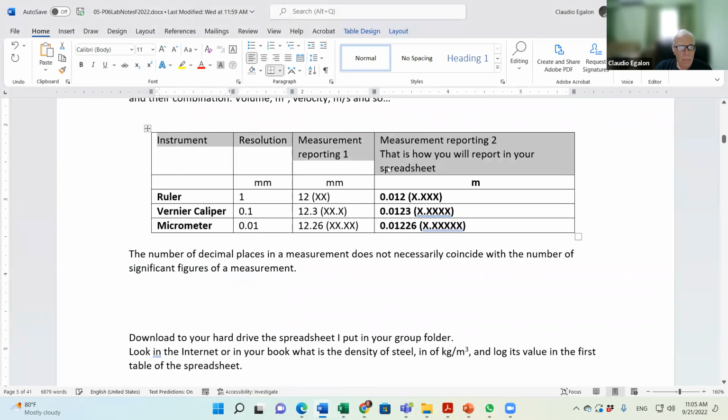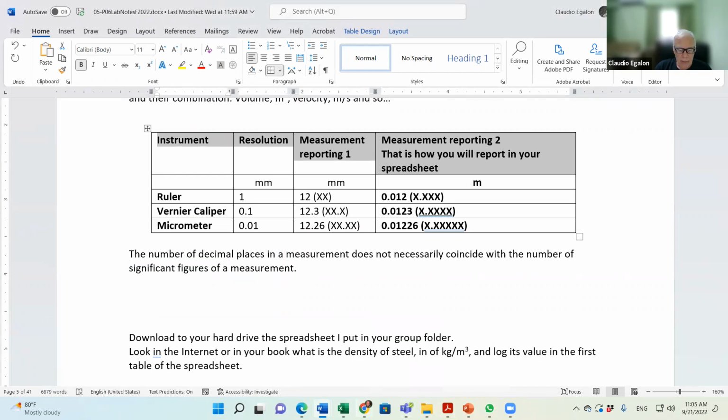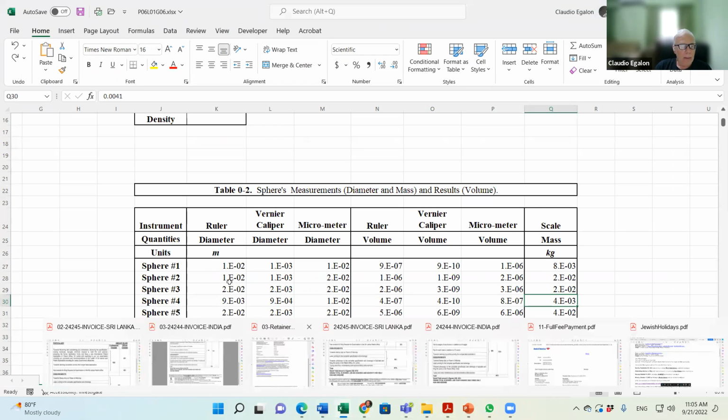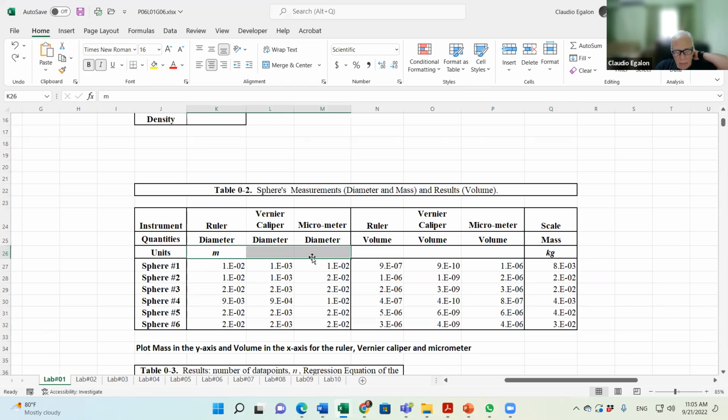So I need you to fill in the units right here, and the proper number of significant digits on those 3 columns.